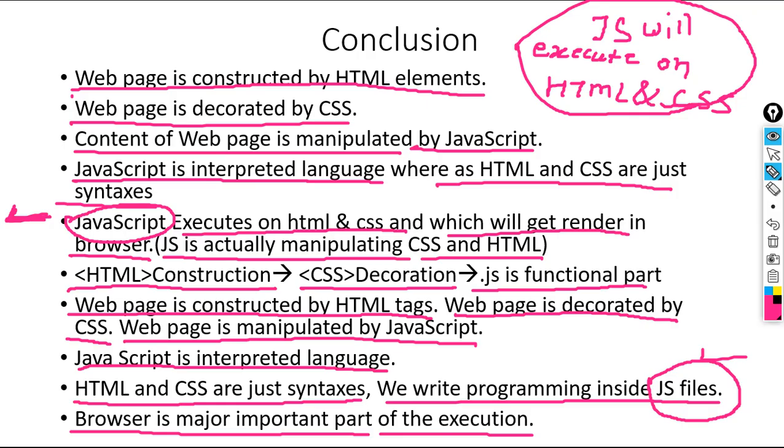With the help of the browser we can access any web page, and within the browser any web page will be executed or displayed. Because HTML is used for construction, CSS is used for decoration, and JavaScript will execute on HTML and CSS, meaning it is manipulating HTML and CSS, which will render in the browser, and the final output will be displayed to the user with the help of the browser. In this way the browser is a major important part of the execution.